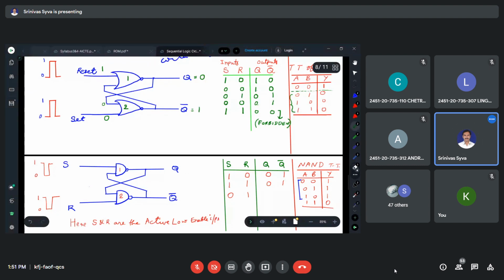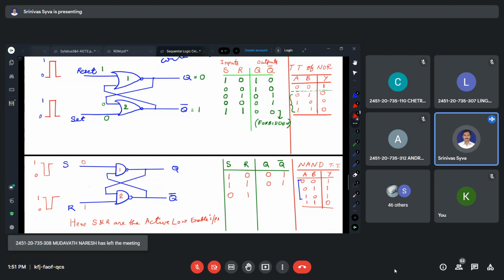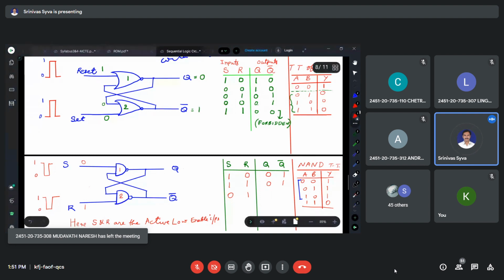So S is made 0, and R is 1. If one of the inputs is 0, automatically the output will be 1. So when both are 1 1, it will be 0. So now this will be like this, 1 0.